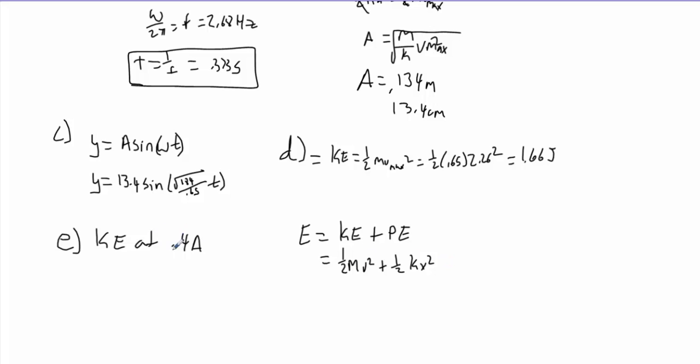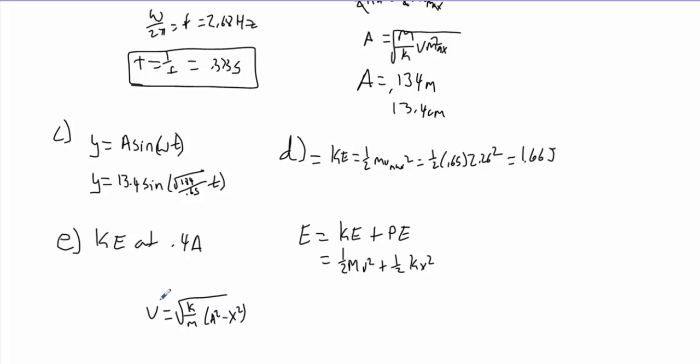Now I want the kinetic energy at 0.4A. So I can either find the potential energy there, subtract it from the total energy, divide by mass, double it, and square root it, and get v. Or I can say, well, velocity is equal to the square root of k over m times A squared minus x squared.